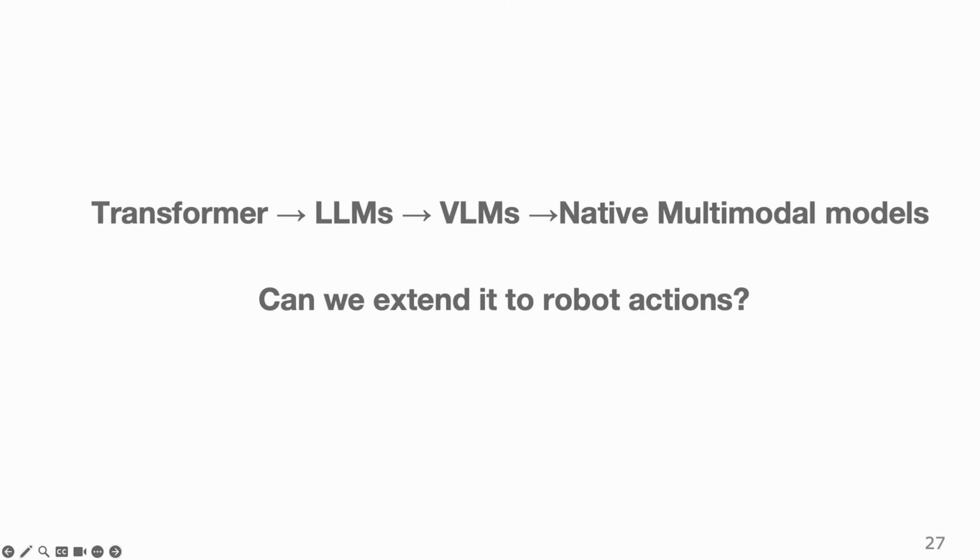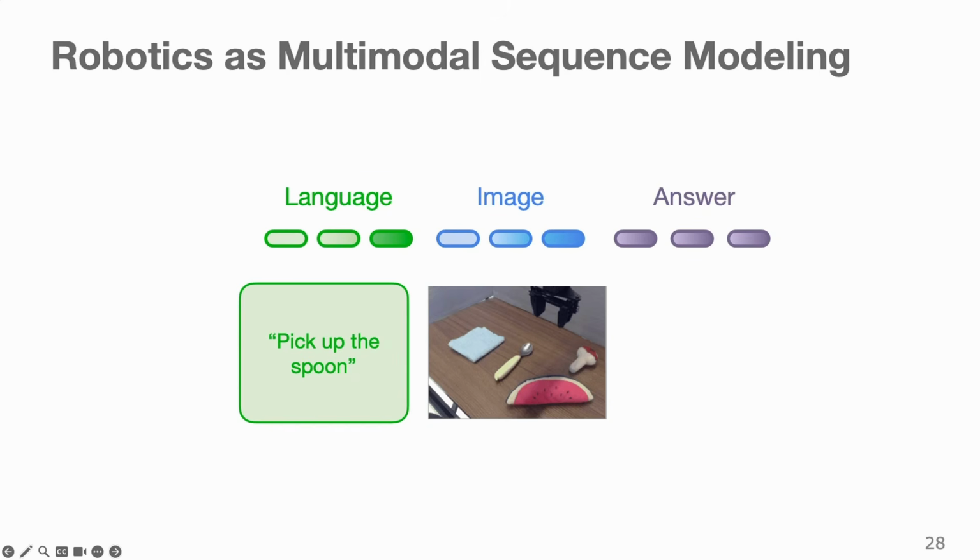Can we tokenize actions, throw them into the same sequence as observations and language, and train a model that can reason over all of them jointly? This means that we can view robotics as a multimodal sequence prediction problem where we have language tokens, image tokens, and instead of answer text tokens, action tokens that can command the robot's motors.